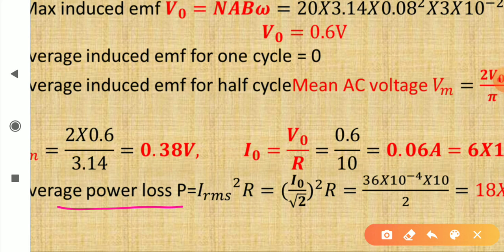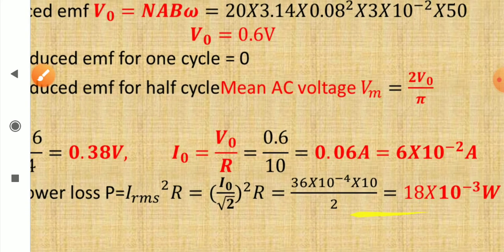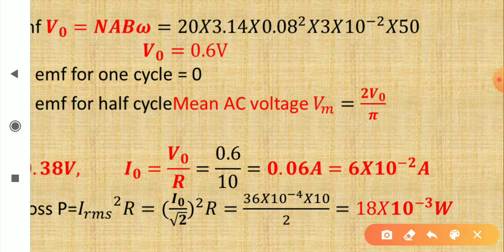So average power loss will be equal to IRMS square into R. And that is, put the value of IRMS, which is I0 upon root 2 square R, and the value of I0 you have just found out. So squaring it, square of 6 is 36, 10 to the power minus 2, 10 to the power minus 4, and resistance is 10 ohm, square of root 2 is 2, simplify, and it comes out to be 18 into 10 raised to the power minus 3 watt.